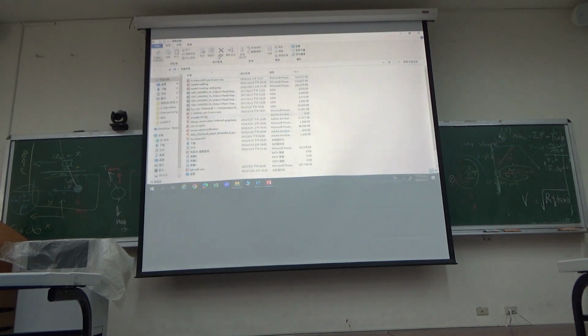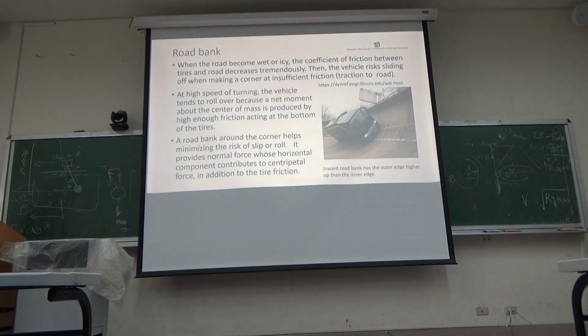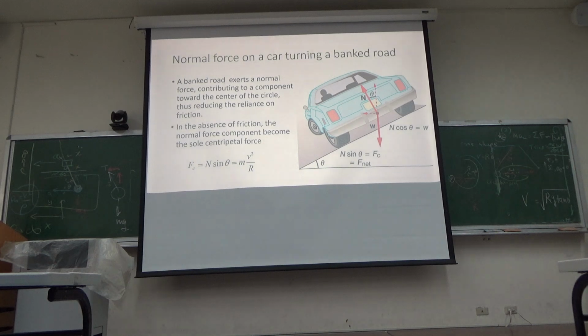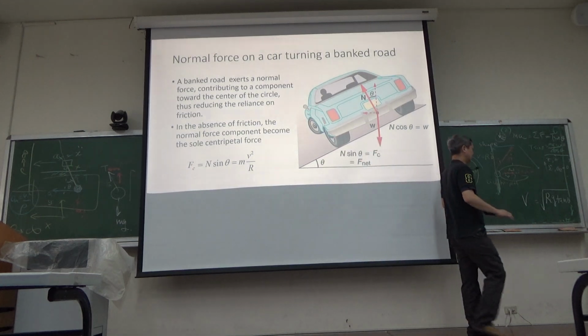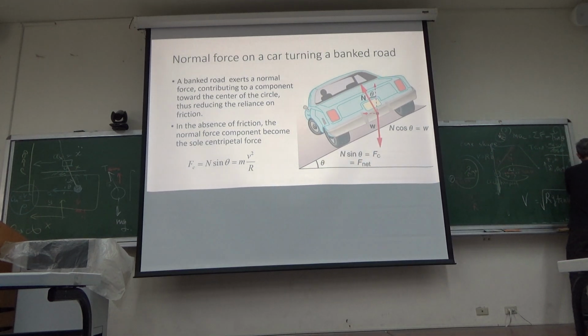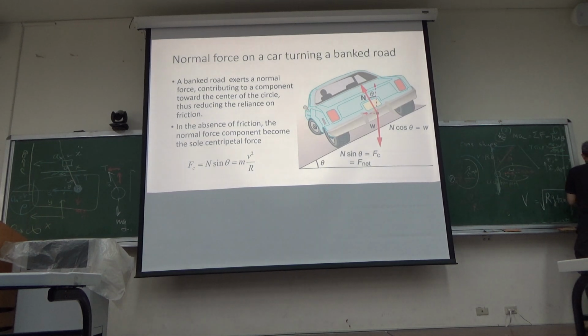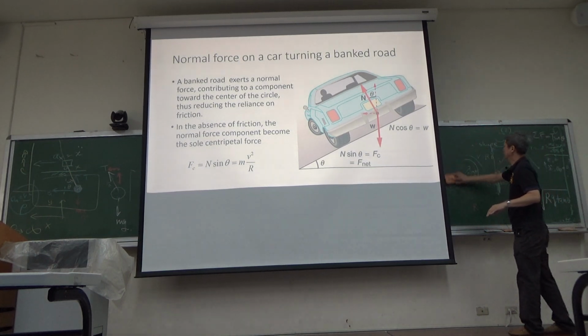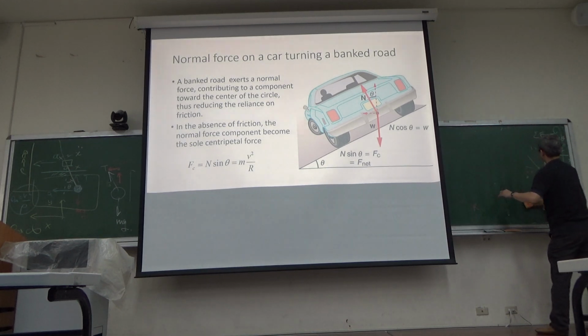Let's see how this bus climbs a wall, or rather this car. So in this case, we are going to analyze how a car goes through a corner with a bank. This is what you call a bank turn.